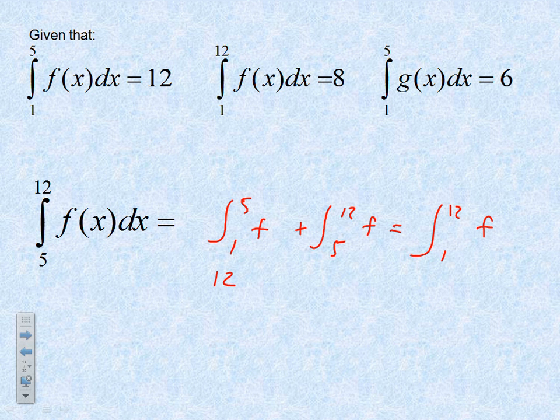The integral from 5 to 12 is the unknown quantity here. I'm going to call that x. And the integral from 1 to 12 is given as 8. I'd say x here is negative 4. All it is is substitution.